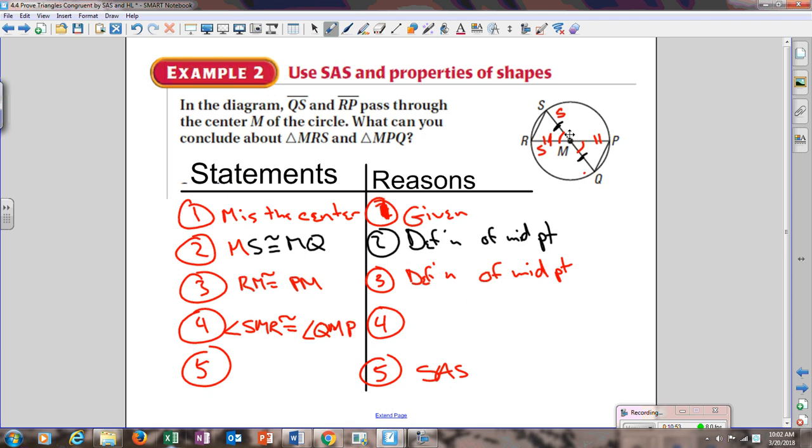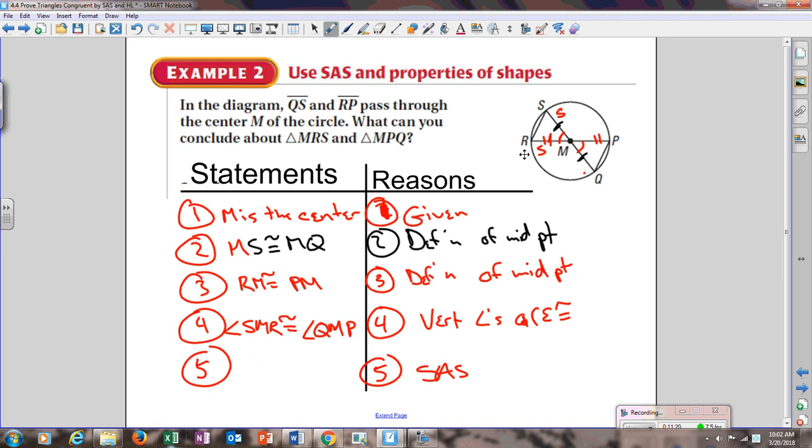The only way we know that is vertical angles. The vertical angles are straight across from each other. So it would be vertical angles are congruent. If you just wrote vertical angles, I would give you credit.